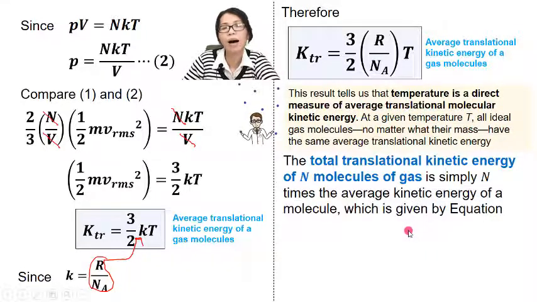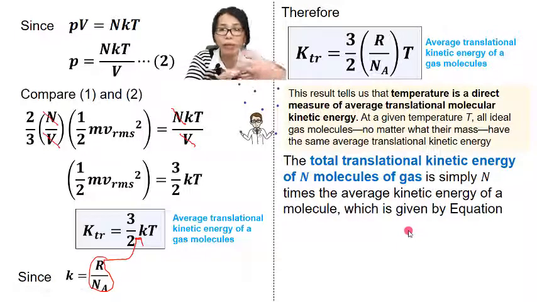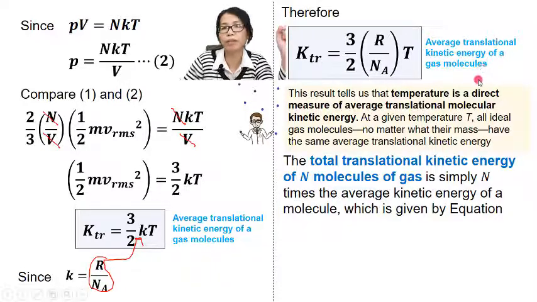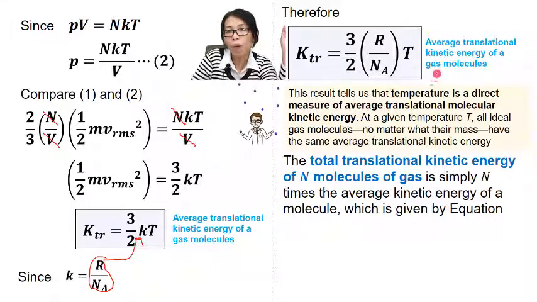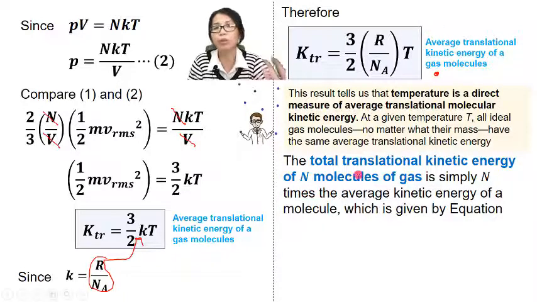Alright, so how am I going to calculate the total translational kinetic energy if I have N molecules of gas? This is for one molecule of gas. So if I have a lot, N molecules of gas, how am I going to calculate the total translational kinetic energy?